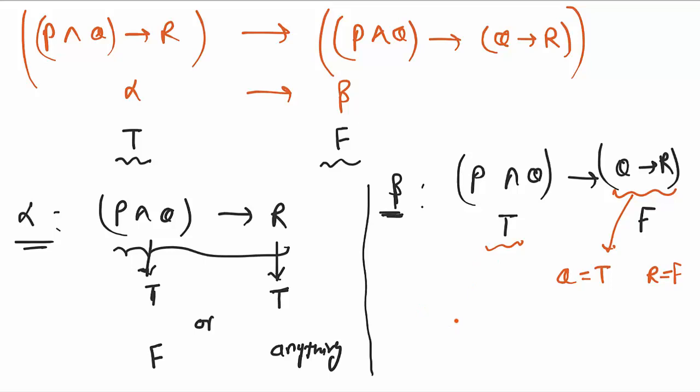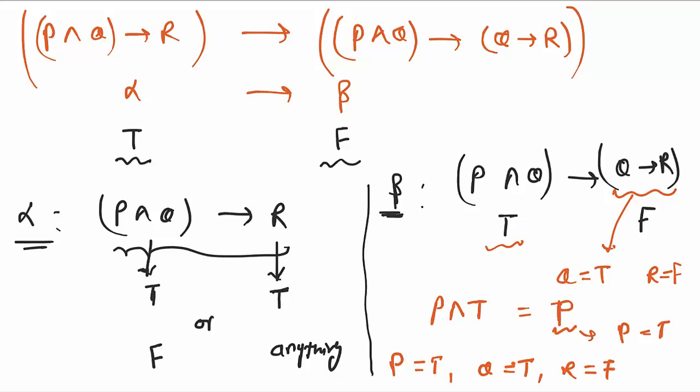See, Q is already true, so I can say P and true. P and true is what? True or P, right? So can I make it true? Yes, I can make this true by setting P to be true. Okay, so I got my combination that P is true, Q is true, and R is false.